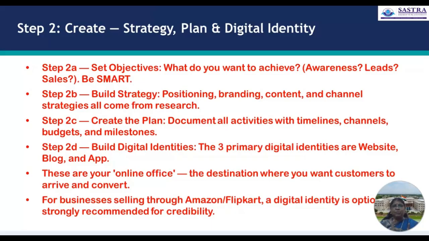Before you start promoting anything, these destinations must be ready. Where you want to launch your website, how you are going to launch it, how your blog pages will be, how you want to facilitate the customers with your own apps, whether it is in the iOS or in the Play Store. It should be well designed, and it should be fast loading, and it should be mobile optimized.